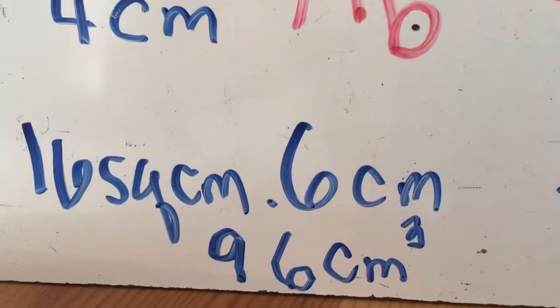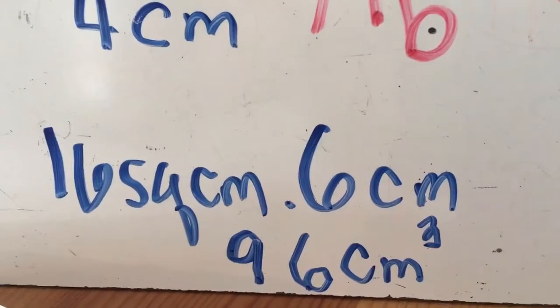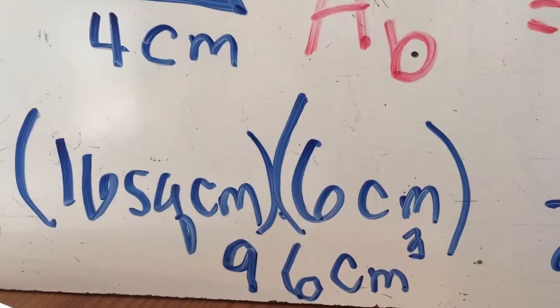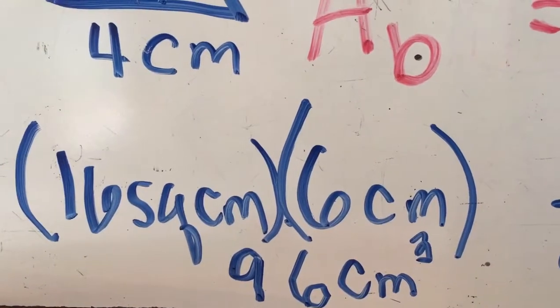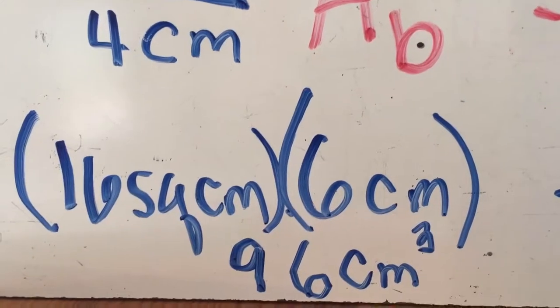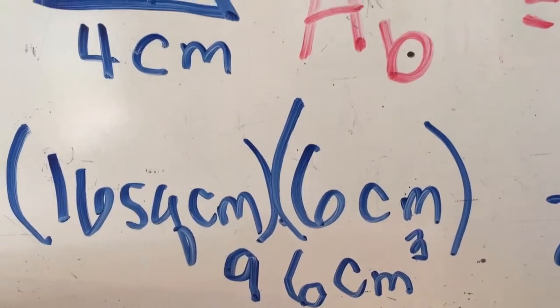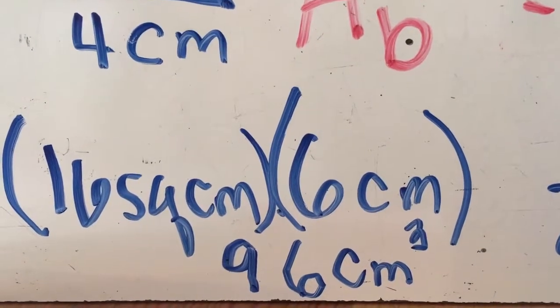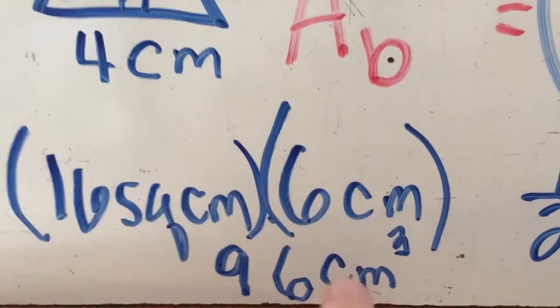When we do that, we've got 16 square centimeters times 6 centimeters, and I just put that in parentheses so it's a little bit easier to see. And when I multiply that out, square centimeters times centimeters is cubic centimeters, so I get 96 cubic centimeters. So I can write out cubic centimeters, or I can write centimeters cubed.